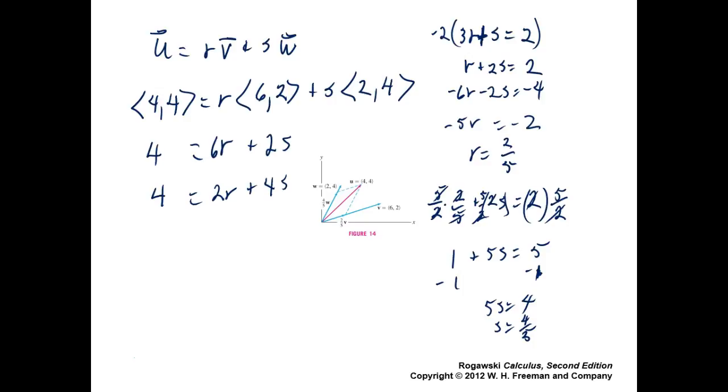The solution is represented by a parallelogram, as we saw in this figure right here, figure 14. This relationship between vectors and systems of linear equations extends to any number of variables and is the starting point for the important subject of linear algebra.